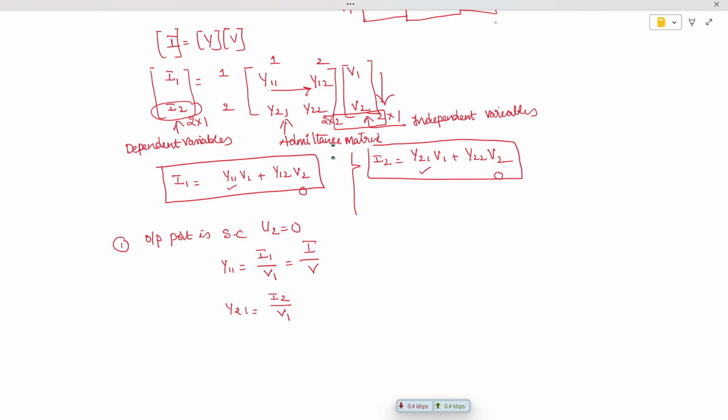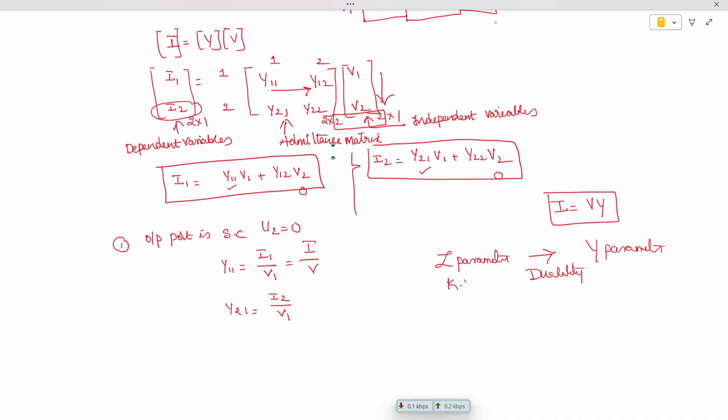The formula for admittance is current I is equal to V into Y. Z parameters you have already studied, and the reverse of these are Y parameters. Z parameters and Y parameters are also called dual parameters, since they satisfy the concept of duality.